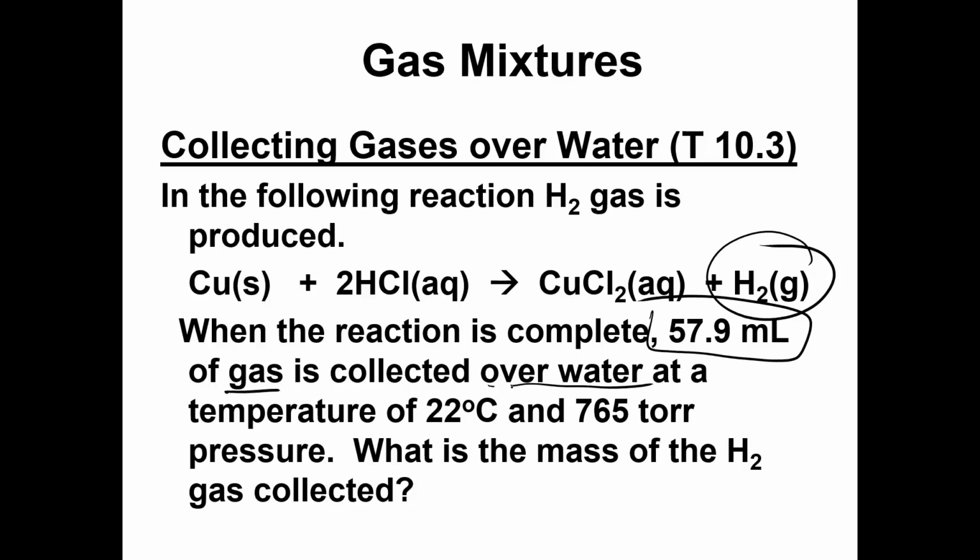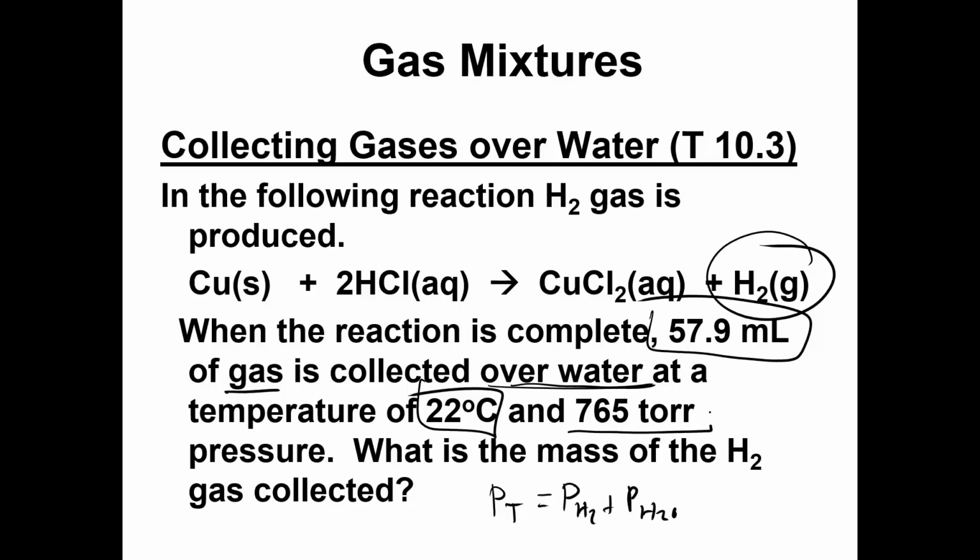That means some water, depending on the temperature, is going to evaporate and mix in with the hydrogen gas, right? So you do have a mixture, and the total pressure is going to be equal to the pressure of hydrogen plus the pressure of water.